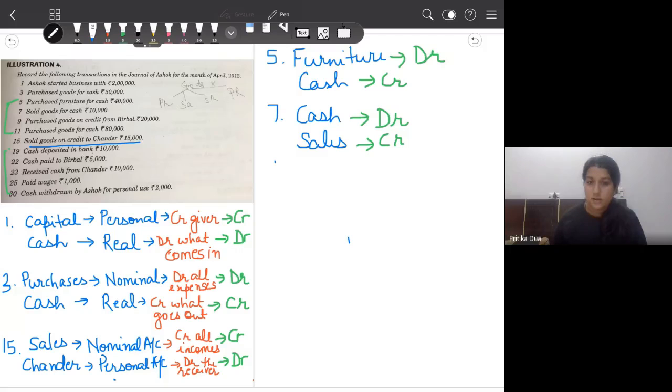Next, Gaurav. The next entry is for 9th. Okay, Mukul, can you tell the entry for 9th?